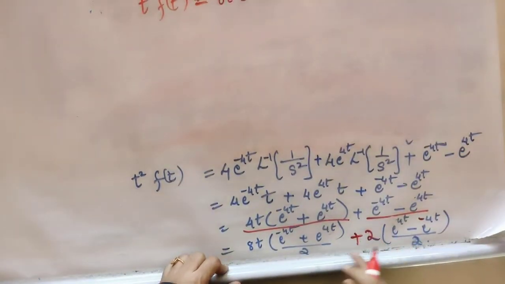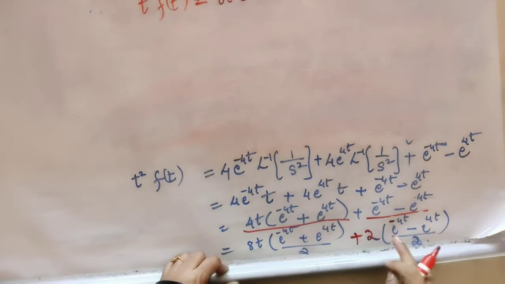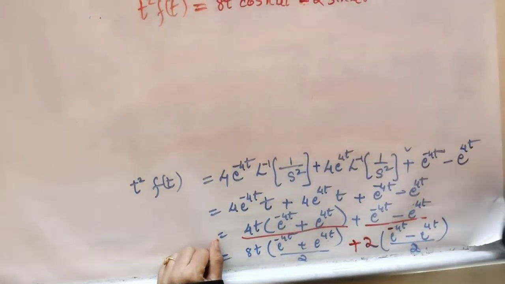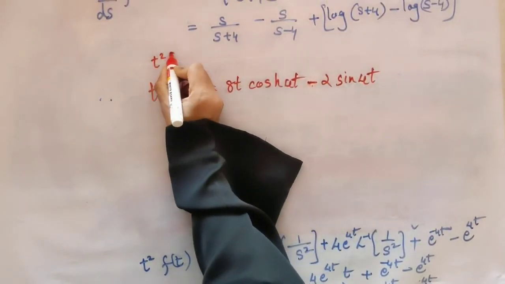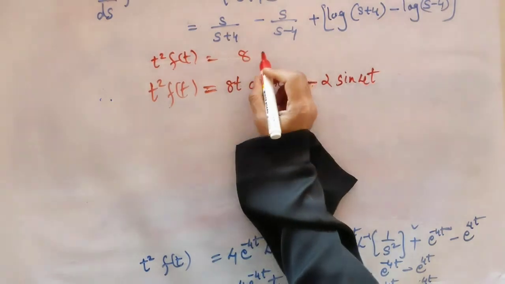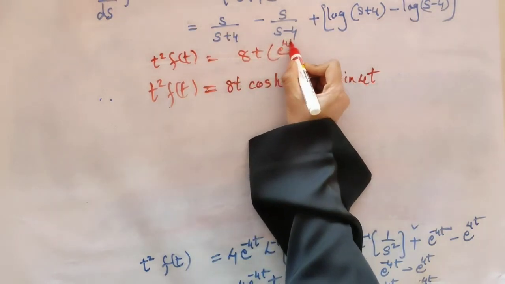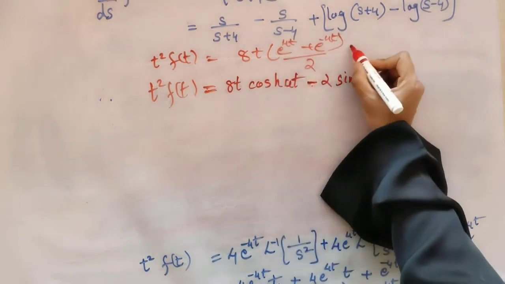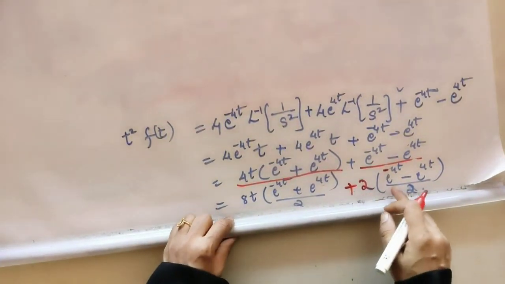Or I'll do one more step for this. Actually it was like this here, is it not? If it is like this, we want to change it in this. So we will take minus sign outside from here. If you take minus sign outside, I'll do one step here. It will be clear to all of you. One minute. So it is t square into f of t is equal to 8t into e to power 4t plus e to power minus 4t divided by 2 you all have, plus, since there is plus sign in between, see here from here I am taking minus sign common.